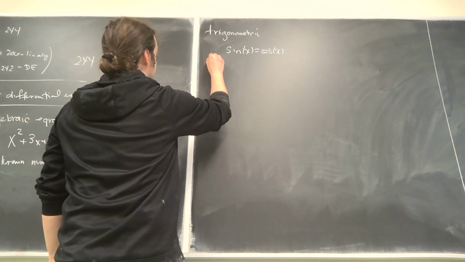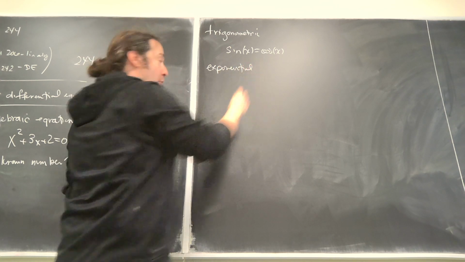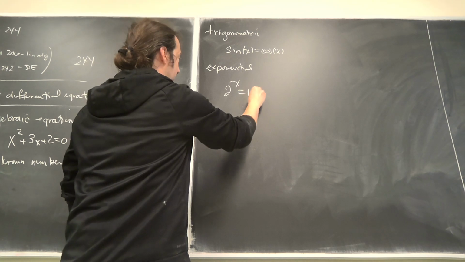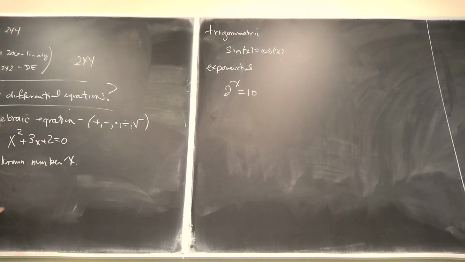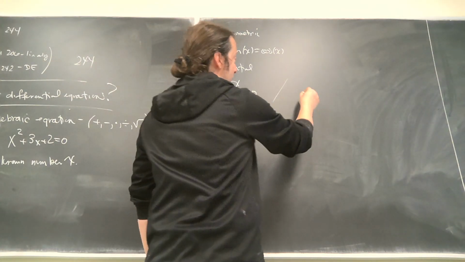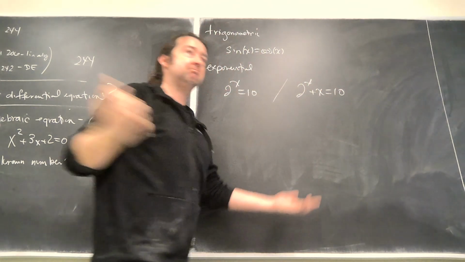You also learned about exponential equations. You keep getting more sophisticated with the kind of equations we can write down, like 2 to the x is equal to 10. The tools get more complicated, and not every equation can be solved perfectly. Especially if you start mixing things together, you can get equations that aren't solvable, like 2 to the x plus x is equal to 10. You have no hope on that one.